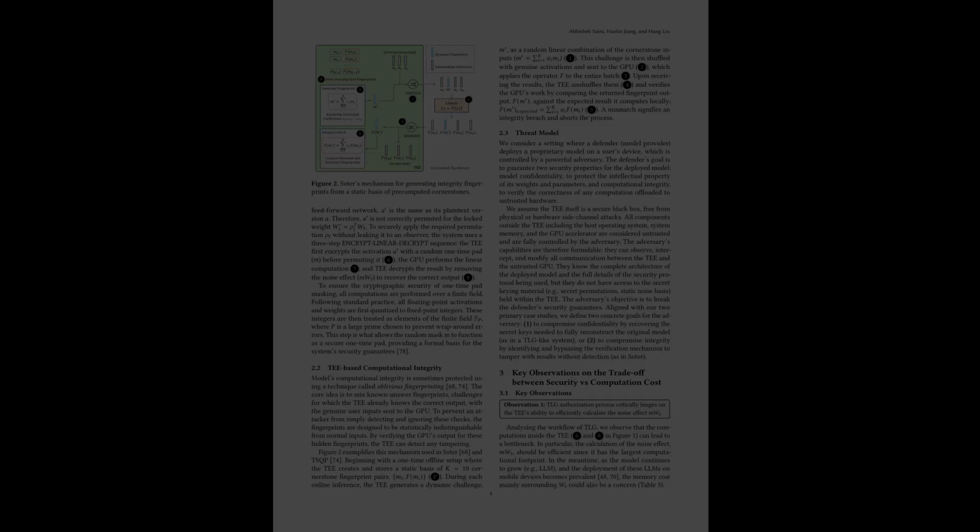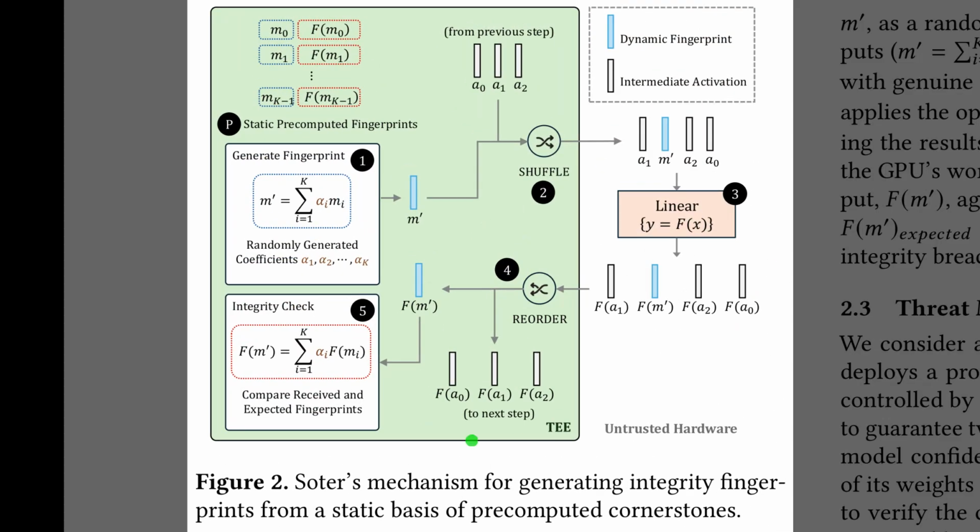Next, Figure 2 details the integrity mechanism used by systems like Soder. Inside the green trusted execution environment, the system generates a fingerprint, which is essentially a hidden test query. The vulnerability stems from the section labeled P at the top left, which stores a static set of pre-computed base vectors. In step 1, the system combines these vectors to create a dynamic challenge, M'.